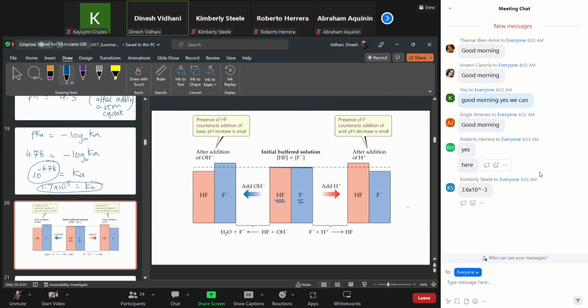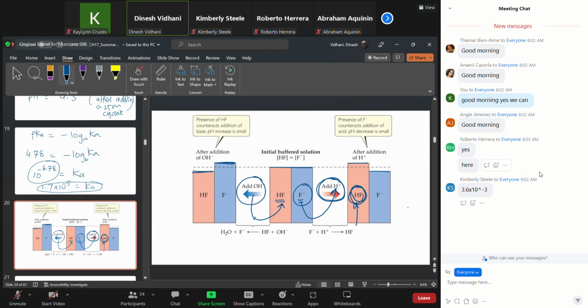Answer is no. Why? Because HF is a weak acid, it does not want to give out H plus ions. So what you did was you removed H plus ions from the solution and you made a weak acid out of it. On the other hand, when you add base into this solution, it is going to react with HF. Next, you're going to increase the concentration of fluoride ion and decrease the concentration of HF.